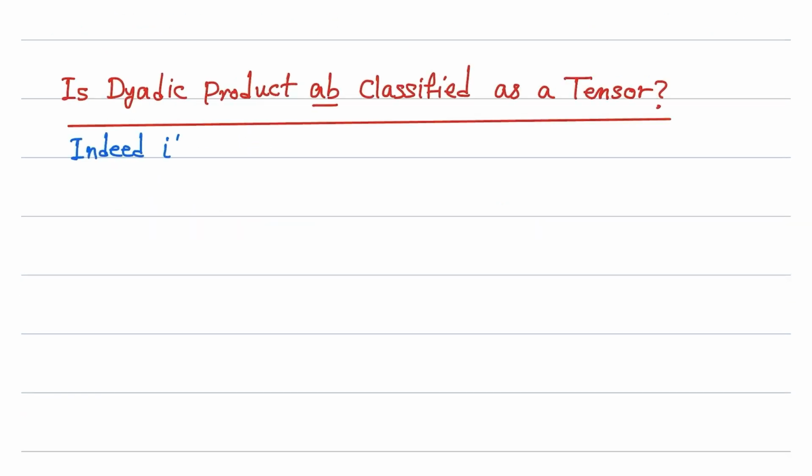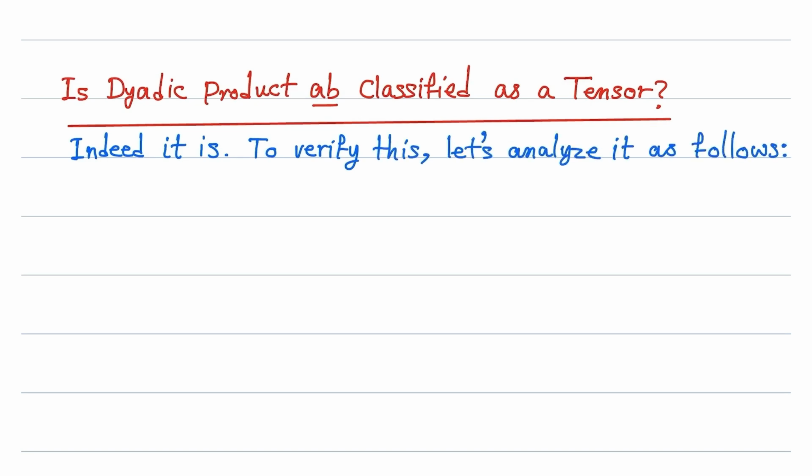Is dyadic product AB classified as a tensor? Indeed it is. To verify this, let's analyze it as follows.